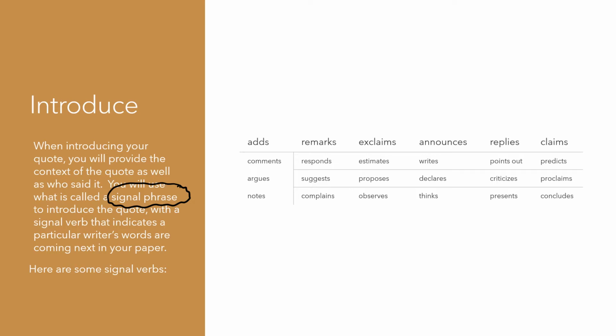I've just given you a chart here of signal verbs that are often used when you're talking about and introducing research. Things like argues, suggests, thinks, presents, claims, etc. You can come back to this chart anytime you want and find verbs that you can use when you're creating a signal phrase to introduce your research.